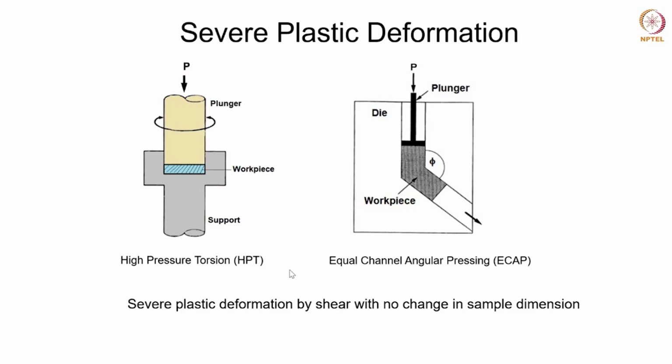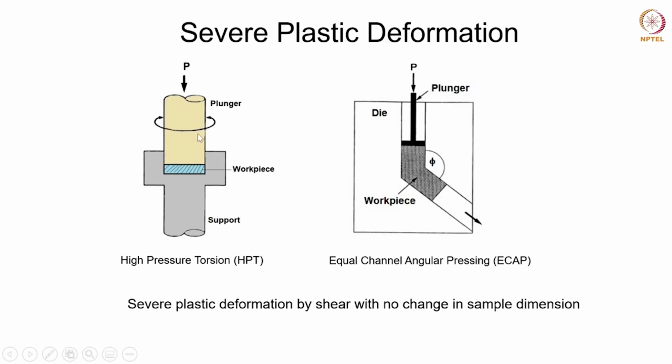There are certain techniques through which this severe deformation or large strains can be generated into the material, and we have listed some of them over here. For example, you can see high pressure torsion, which also goes by the name HPT in short. This basically is a torsion kind of deformation that you could see in this diagram.